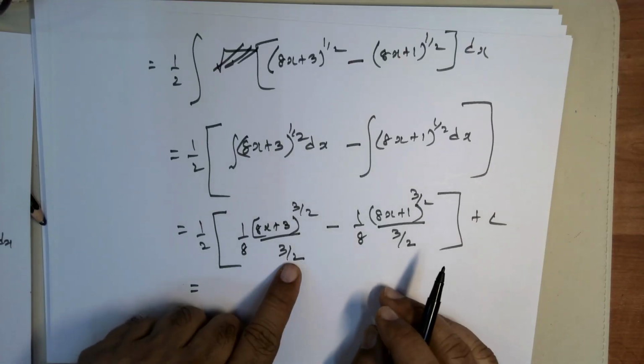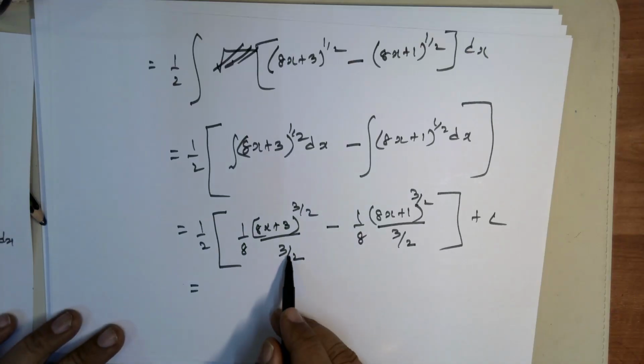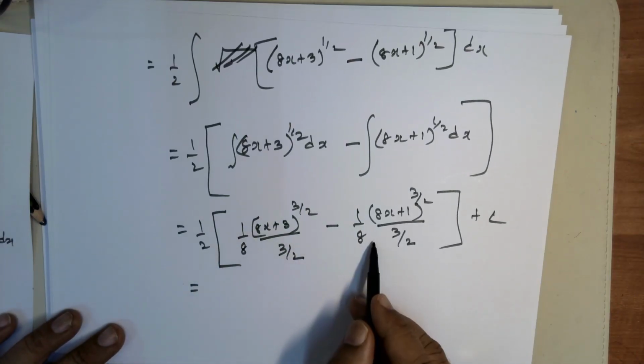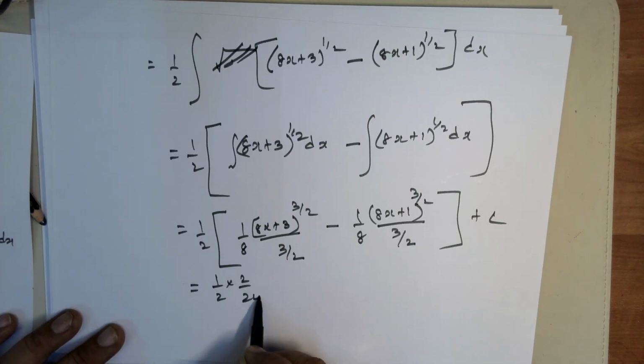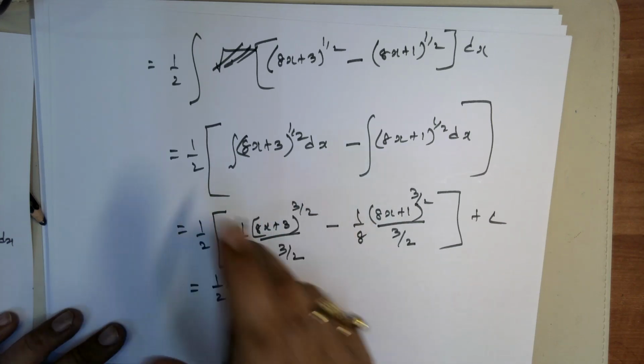Now what you can do: 2 by 3 here, 1 by 8 here. So 2 by 3 times 1 by 8 means 2 by 24. So here also 2 by 24. That can be taken outside the bracket. 8 threes are 24, this is 2 reciprocated.